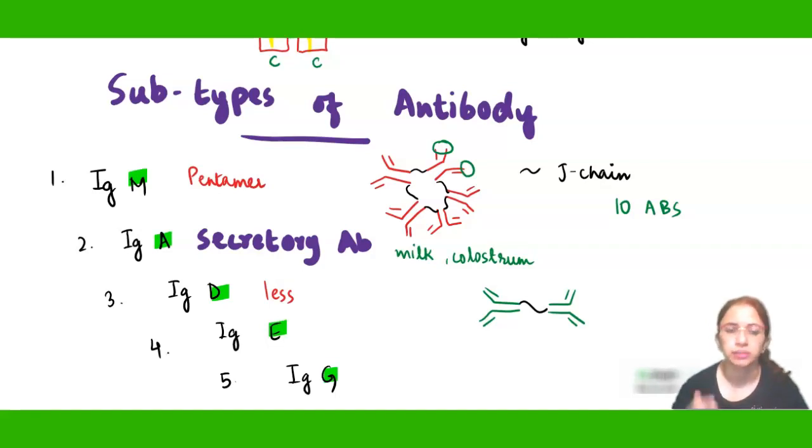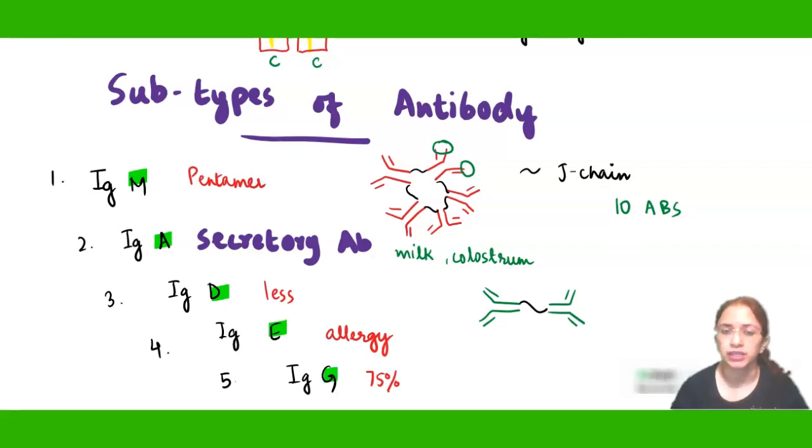The main antibody related to allergy is IgE. So I am writing here only the main antibody related to allergy is IgE, but IgD also helps in this process. Now 75% of antibodies in our body are maternal antibodies that we have derived from our mother.